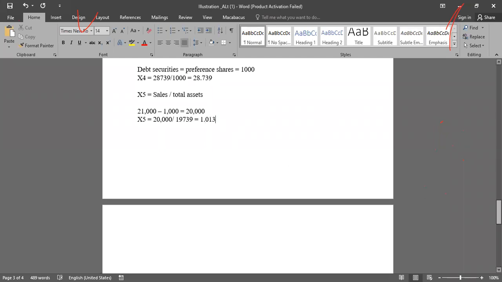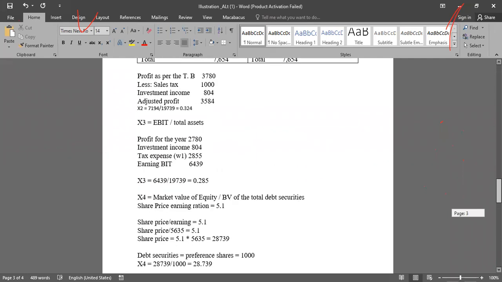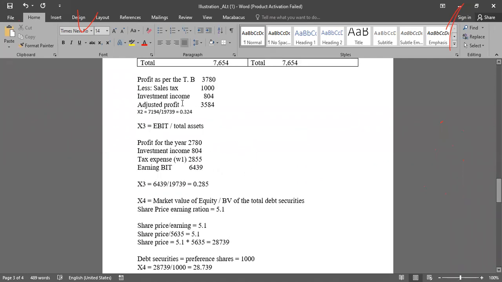Why are you having different stuff on these ones, on this X? I wanted the answers here. Kindly confirm this and this, X2 and X3. Once you find X1, X2, and X3 to 5, then you're as good as done, because you just go and substitute in the formula. I know you have to comment, but that's the computation.